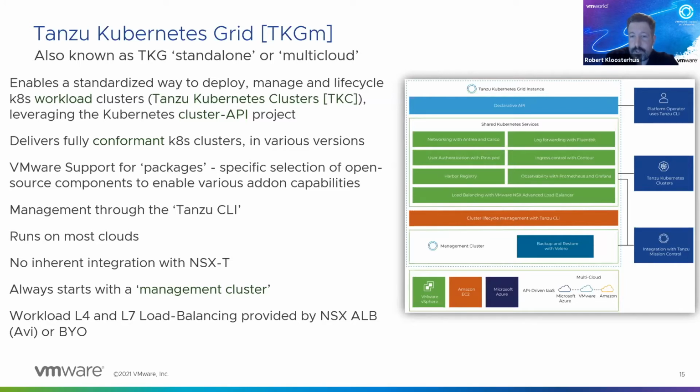So in most cases where you'll do TKGm in vSphere, you'll probably be pairing it with NSX Advanced Load Balancer or Avi. In public cloud, you'll probably be hooking into the public cloud's own load balancer. So in the case of Amazon, it would be Amazon's own load balancer built into the VPC.